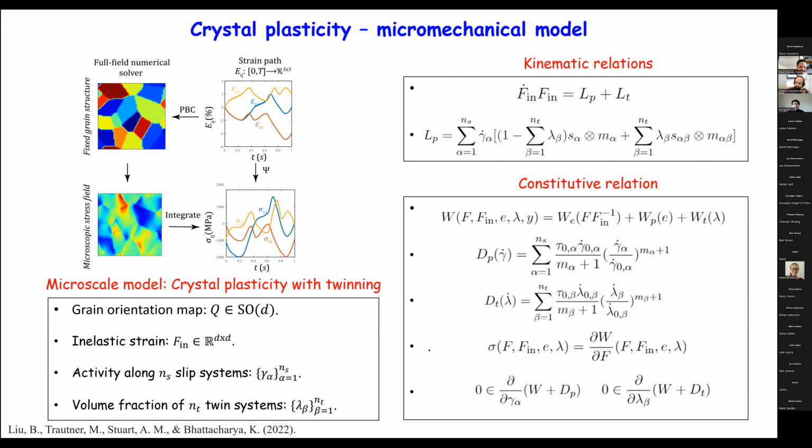We're now considering the so-called crystal plasticity model, a rather complicated model in our community. The idea is that we have an aggregate of polycrystals, shown in this representative volume here. Each of these polygons is a so-called grain, and within each grain, the behavior is governed by a system of partial differential equations presented here.